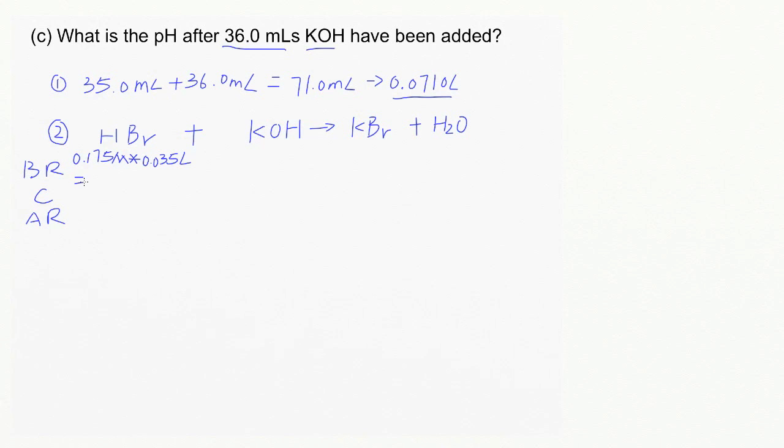So the mole number is, again, 0.006125 mole. Now, the volume of this potassium hydroxide is 36 ml.